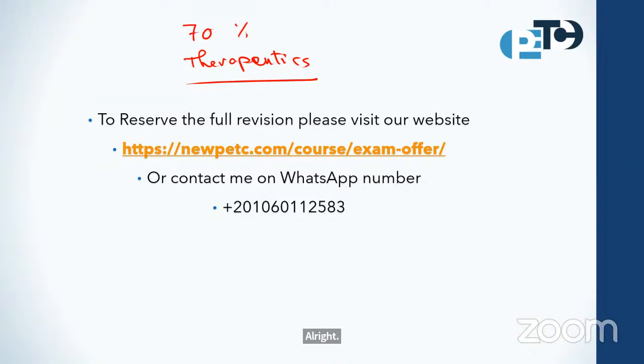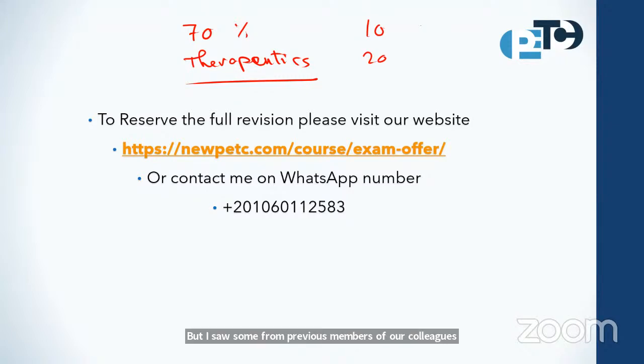Sometimes in some models you will find 10 calculation problems. This is the average, from 10 to 20 according to the previous exams. But I saw some models from previous members among our colleagues who finished the exam last July.